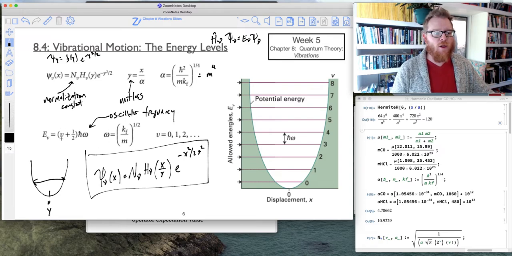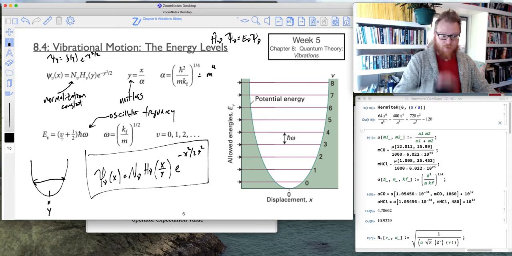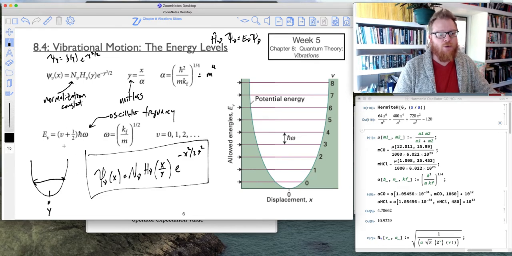And so what's really cool about this solution, what I'm going to show you now, is what this model predicts for all of these different quantum numbers when we put them in there. So for example, the first one is 0. We still have an energy level that's at 1/2 h bar omega.